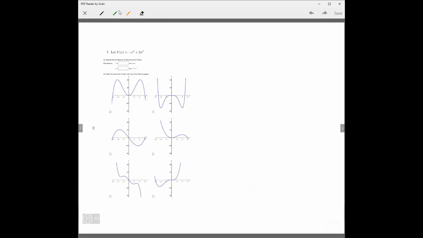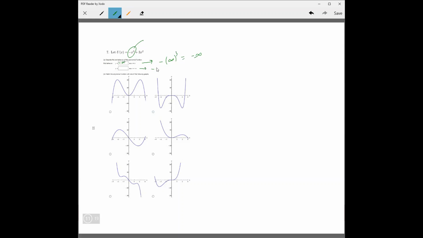Okay, so let's move along to the next exercise. Here we have negative x cubed plus 3x squared. 3 is more than 2, so this is the highest order term. As x goes to infinity, this goes to negative infinity.